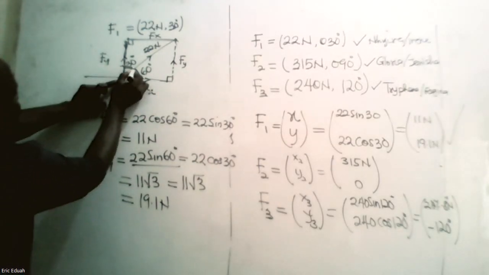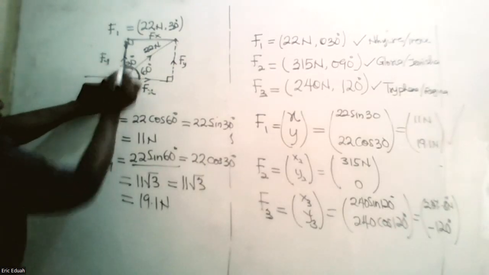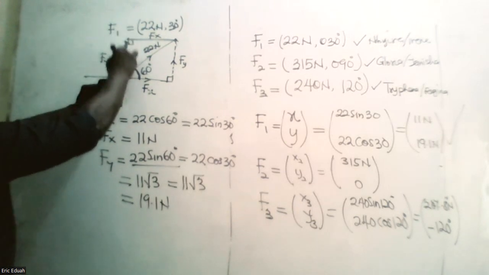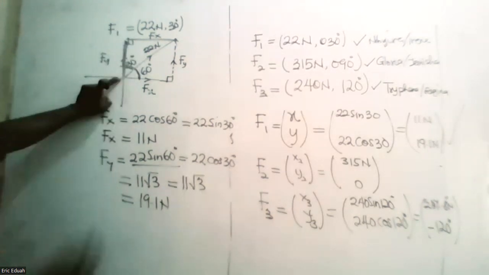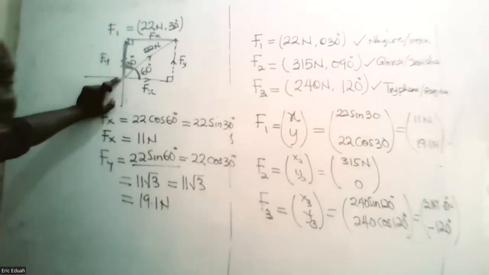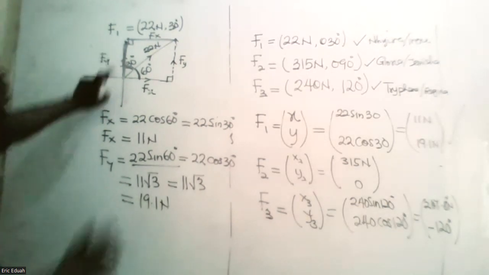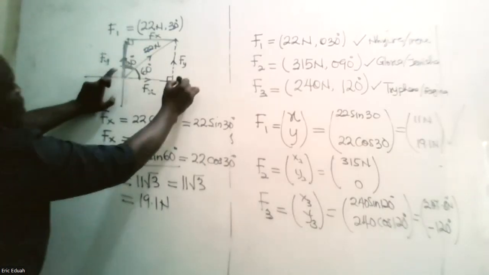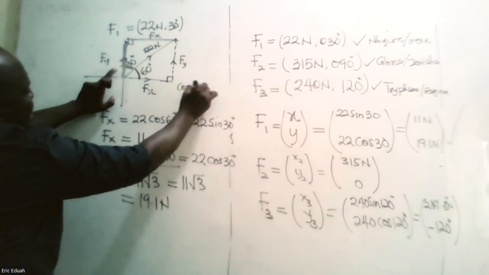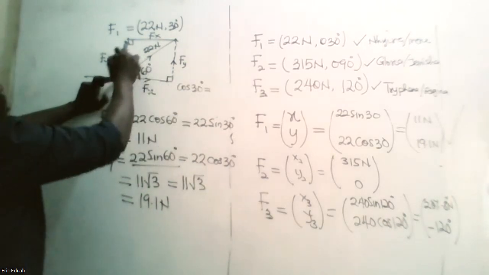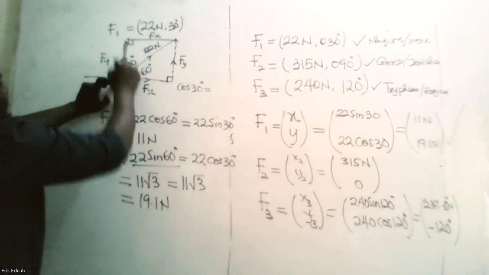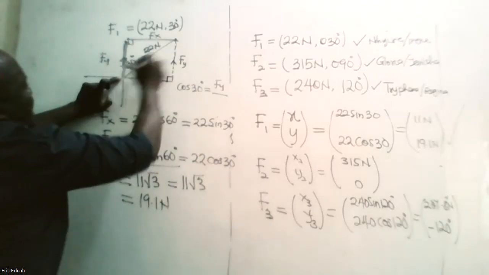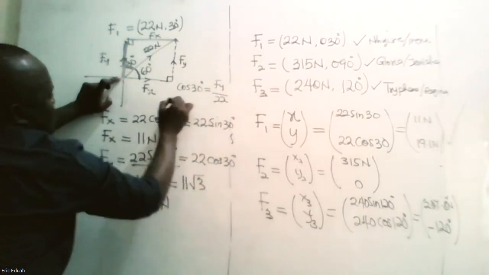Now, if we use 30 degrees, this side is adjacent to the angle, even though it falls within the y-axis. So if I'm looking for this side, cos 30 degrees is equal to the adjacent, Fy, over the hypotenuse, which is 22.